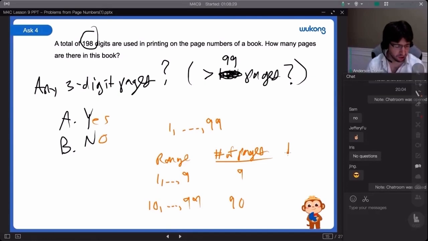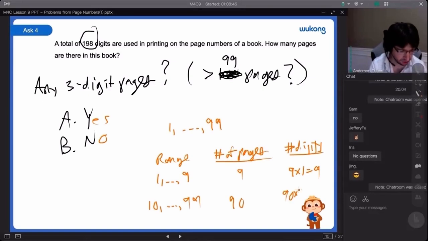So then we can count the number of digits. This one is 9 times 1, so that's 9. How many digits were there in total on those 90 pages? 180. Yeah, so 90 times 2 is 180, and then you add those together. So this would give us a total of 189 digits. So there are 189 digits from page 1 through 99.